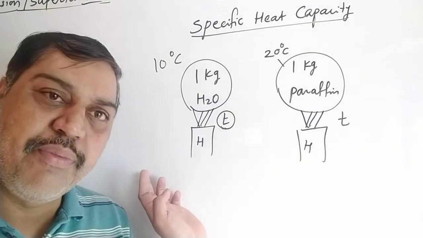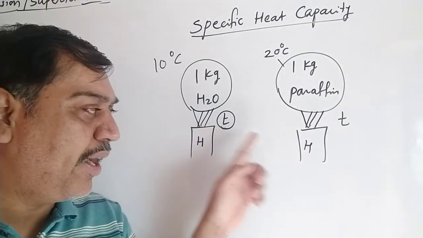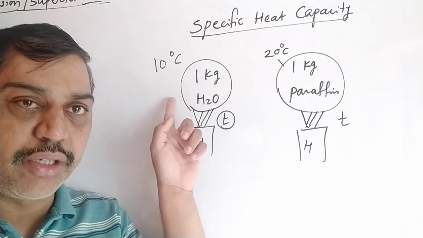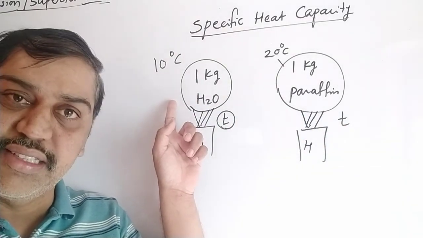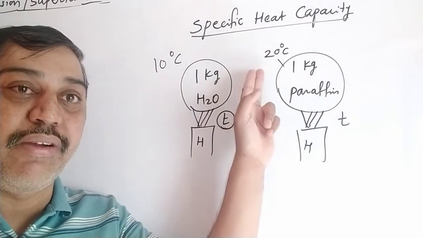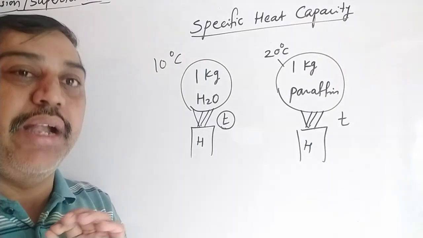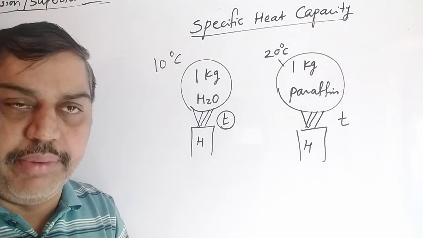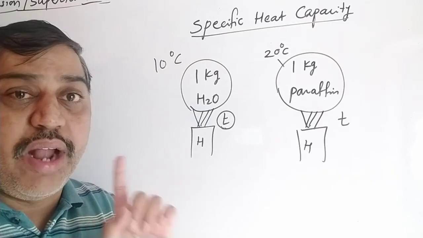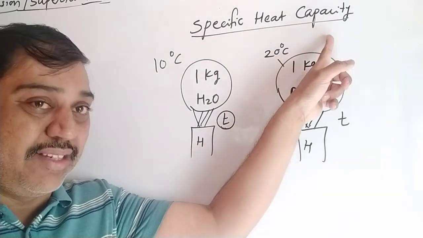Now the question comes, why is it so? We are supplying the same heat for the same time period here and here. Still the temperature of water increases by 10 degrees Celsius, but the temperature of paraffin increases double that of water, that is 20 degrees Celsius. The reason behind this? Every material, maybe solid or liquid, has one constant value that is said to be the specific heat capacity.